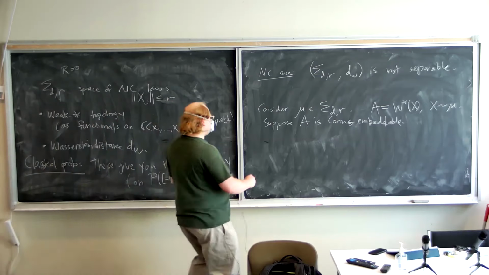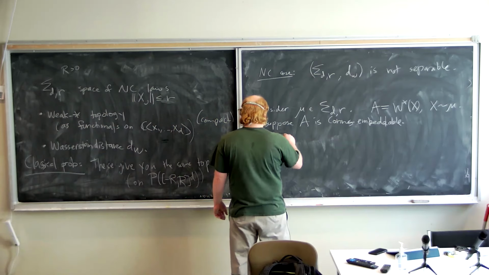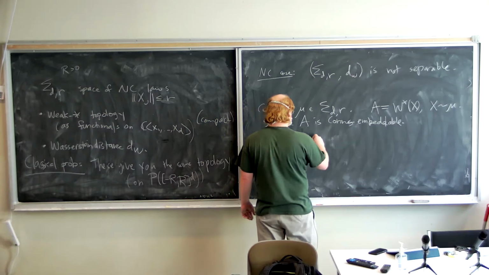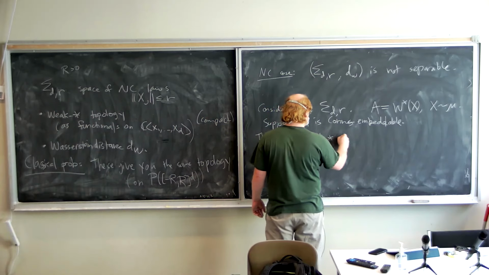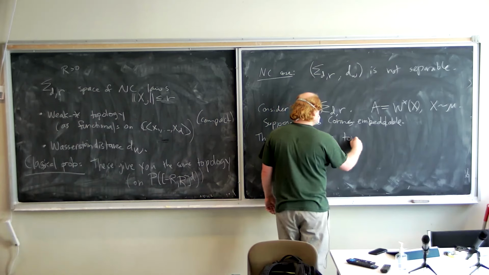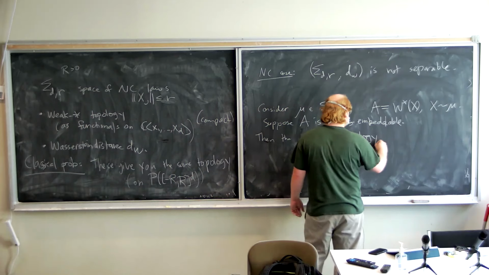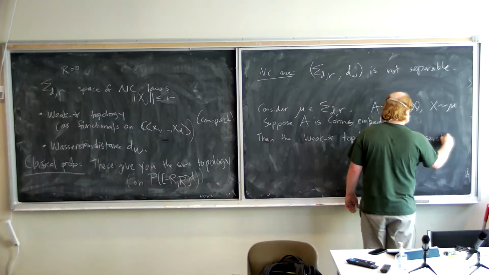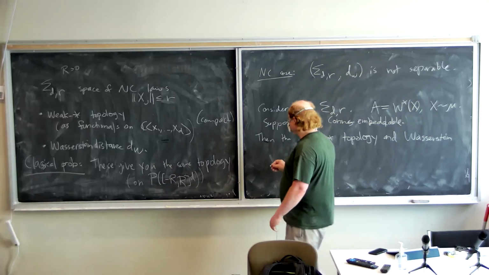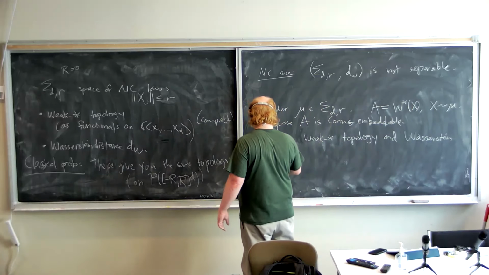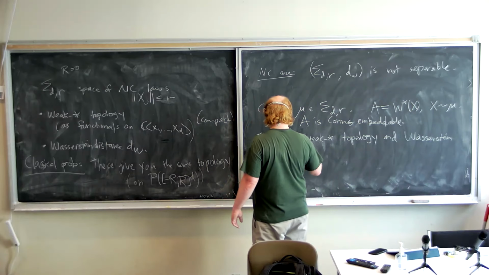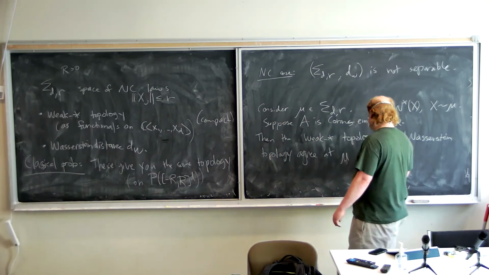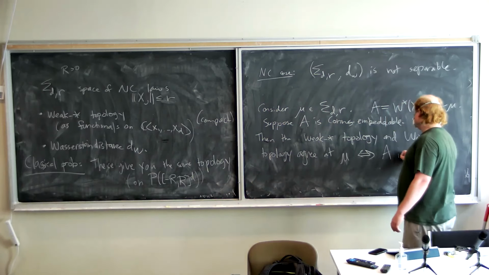So then the weak star topology and the Wasserstein topology agree at mu if and only if A is amenable.